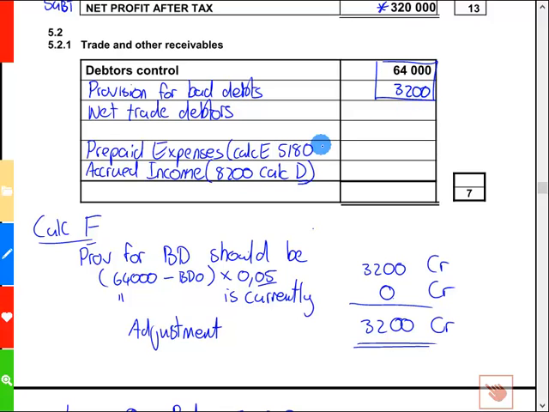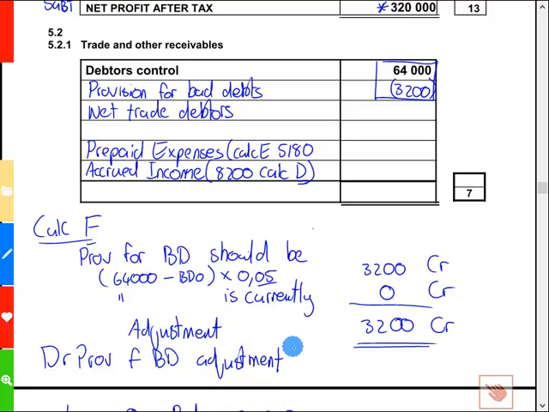What does provision for bad debts do to my debtor's control? It decreases my debtor's control. The other leg of this transaction would have been a debit to the provision for bad debts adjustment in the income statement.